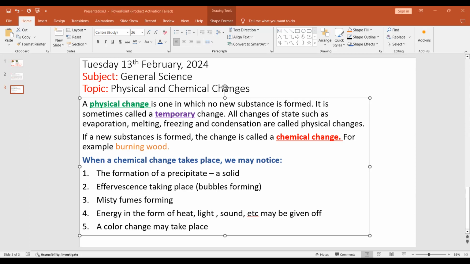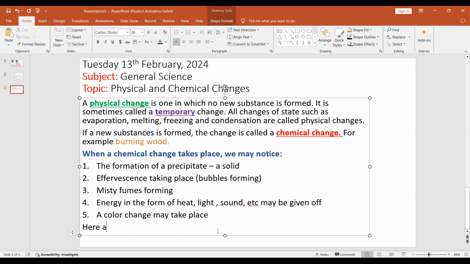So let's put those examples in writing. Here are 4 examples of physical changes.